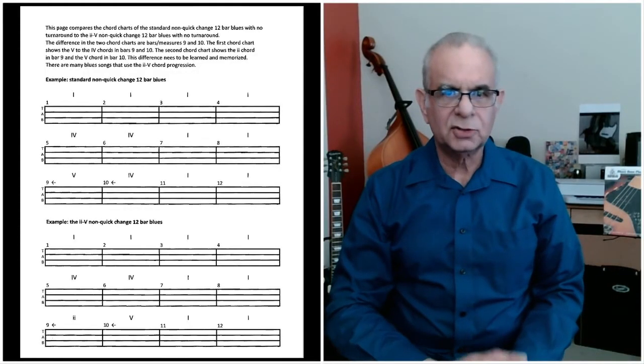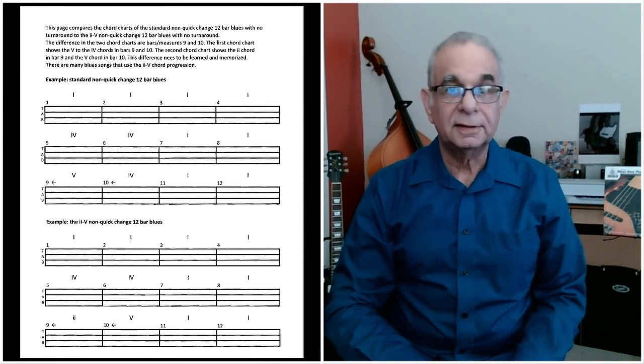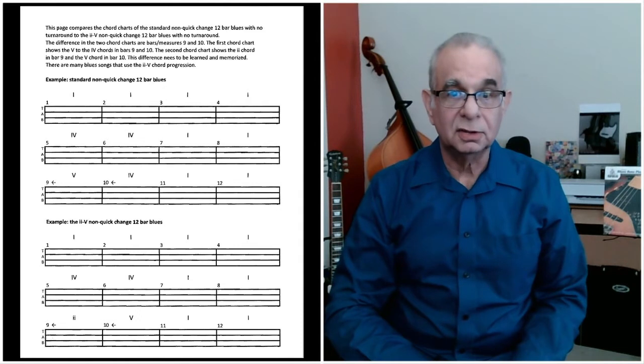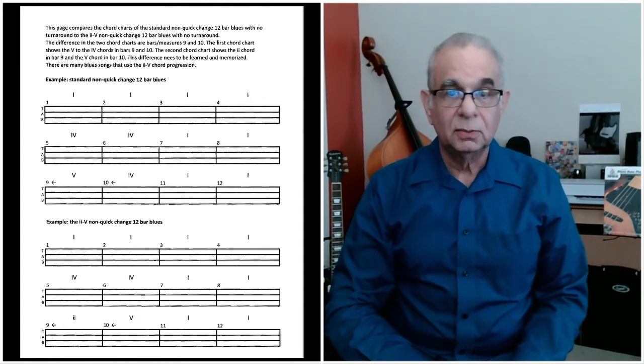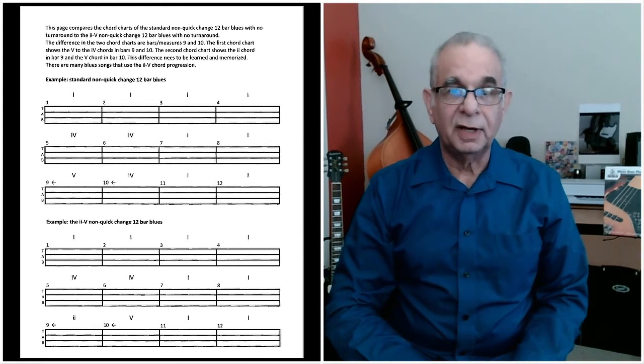All right, now on the split screen, you'll be able to see a sample document where the top 12-bar progression looks more like a standard blues, like a Jimmy Reed, where in measures 9 and 10, that's where the little arrows are, we play the 5 followed by the 4 chord.